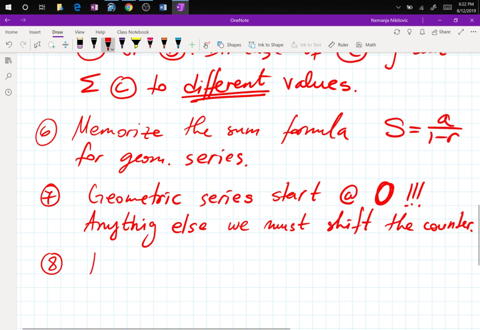8. Ratio test is your friend. That means that if you are stuck on a problem, it doesn't look like geometric series, it's close. At the same time, it's a P series, right? It's easy. If you have a factorial, you know it's a ratio test.